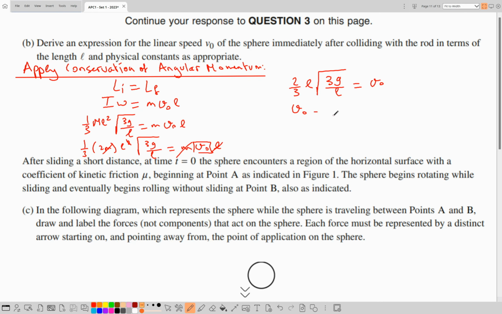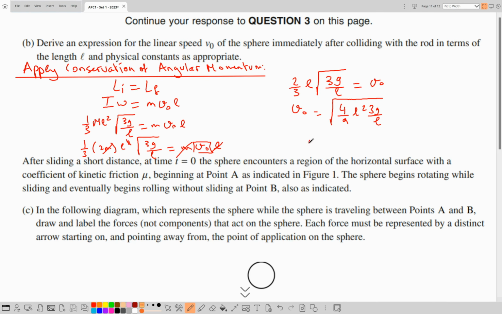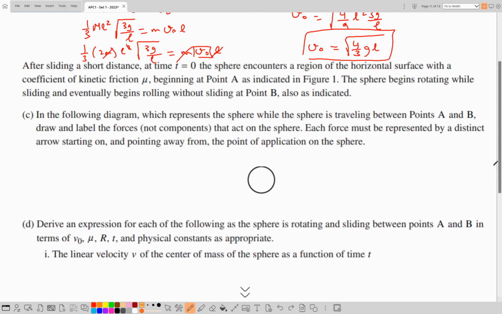Then v0 in this case would be given by the square root of 4/9 L squared multiplied by 3g divided by L. Now here 3 and 9 would cancel to give us 3, and this would cancel with that, and we're left with 4/3 gL. Then v0 in this case is given by the square root of 4/3 multiplied by gL, as anticipated.